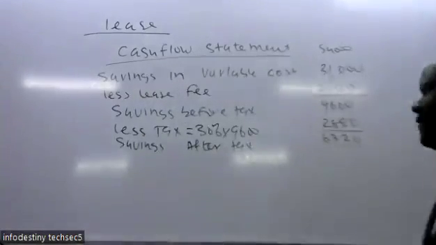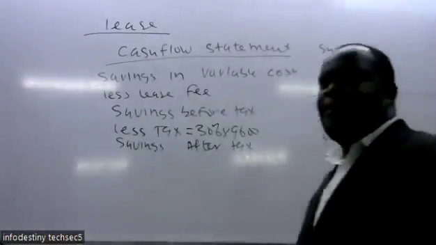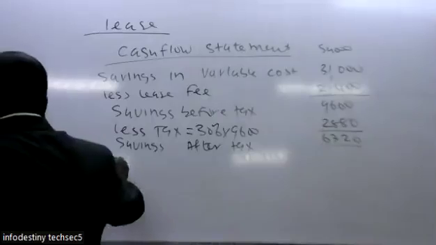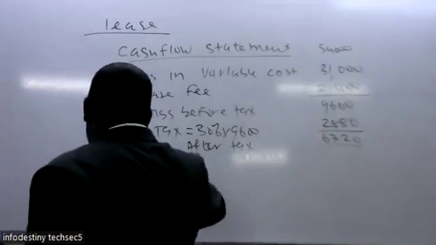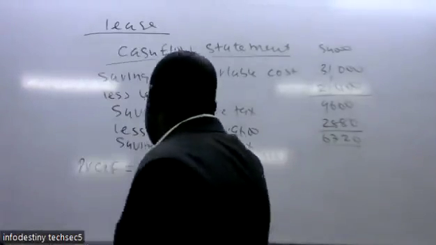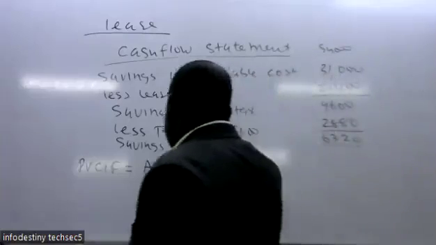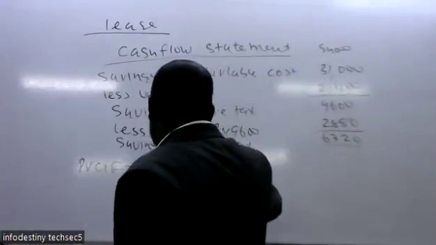So you get the savings after tax. So that is now the same as our annual cash inflows. So now we get the present value of the cash inflow. So it will be annuity multiplied by the present value interest factor for the annuity. We still use the 17.75% for 8 years.